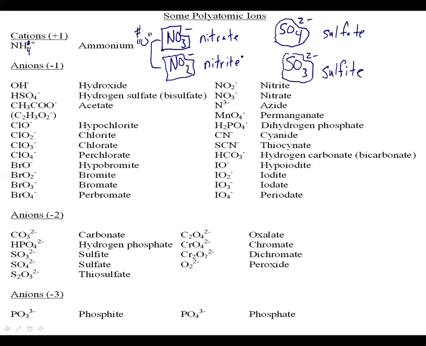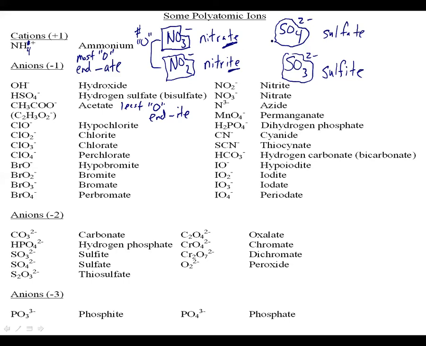The one that has the most oxygens in a group of 2 will end in ate. The one with the least number of oxygens will end in ite. So the most oxygens will typically end in ate, while the least number of oxygens will end in ite.